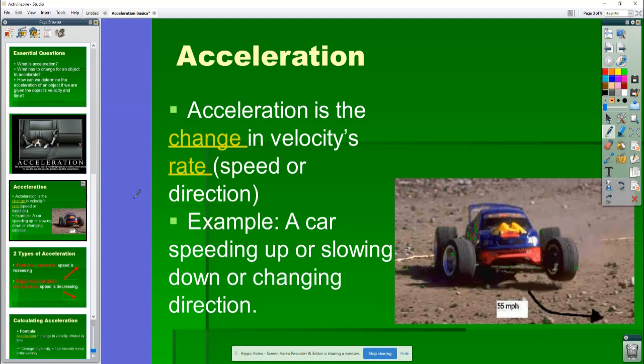The exact definition of acceleration is the change in velocity's rate. For example, when you're speeding up, when you're slowing down, or when you're changing direction. Remember, velocity counts direction. So if you are changing direction, that is also a type of acceleration.